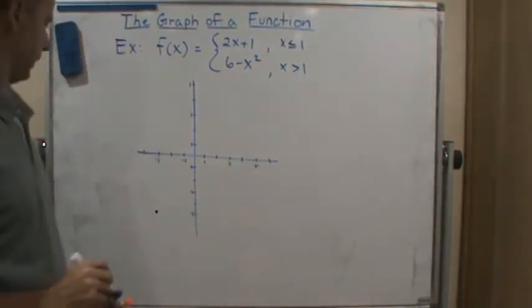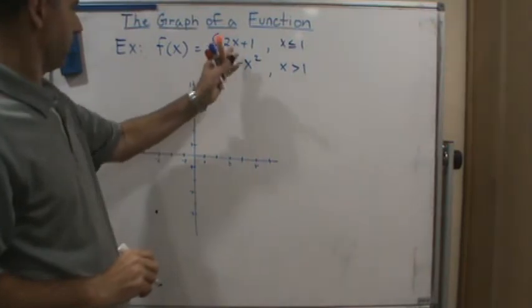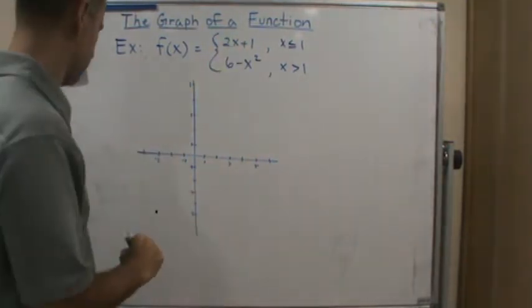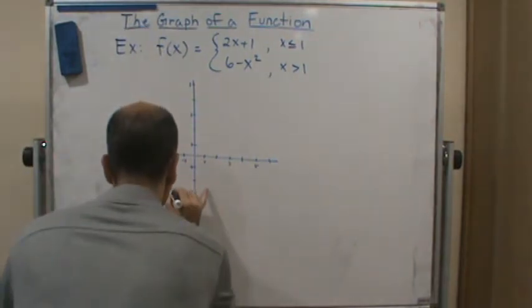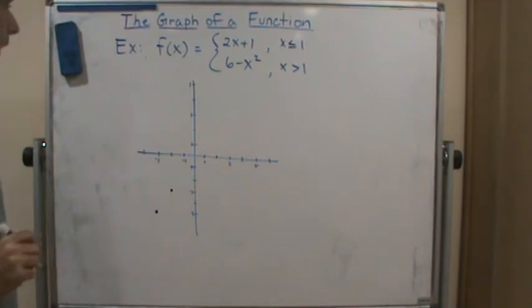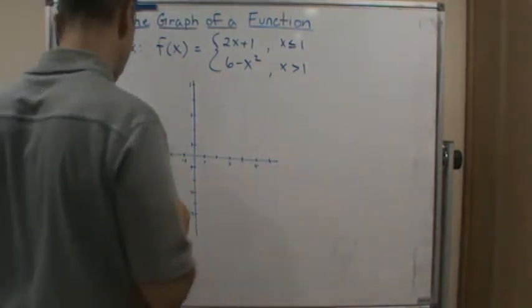And then if I plug in -2, I get -4 plus 1, which is -3. And if I plug in -1, I get -2 plus 1, which is -1.